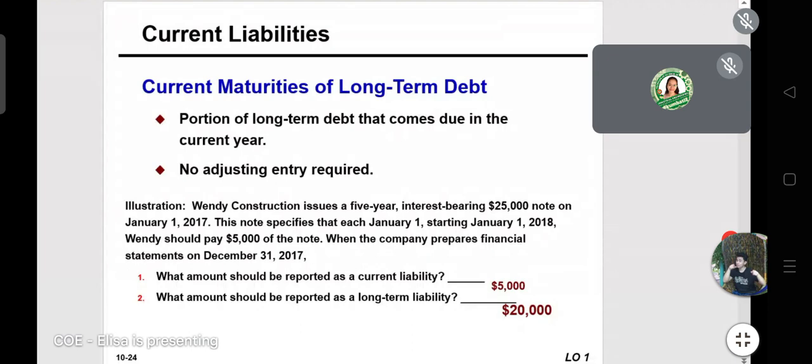The Board of Directors must stipulate the number of bonds to be authorized, the total face value, and the contractual interest rate. And then the bond terms are set forth in a legal document known as the bond indenture.